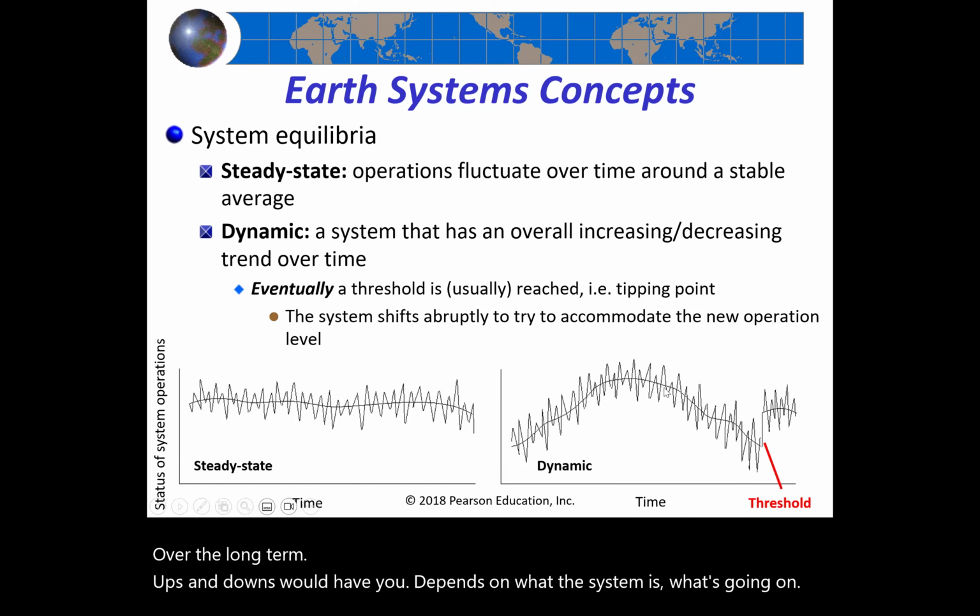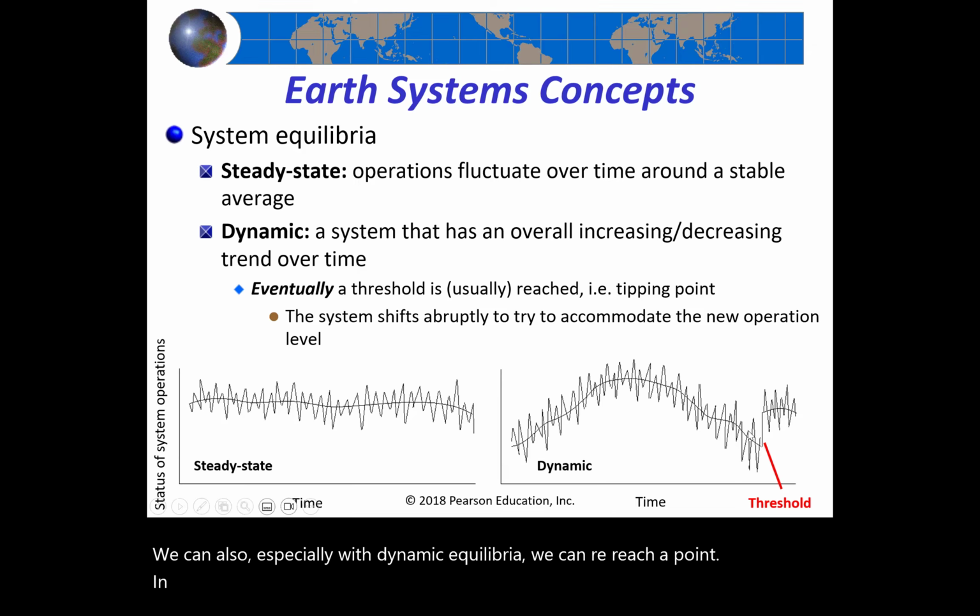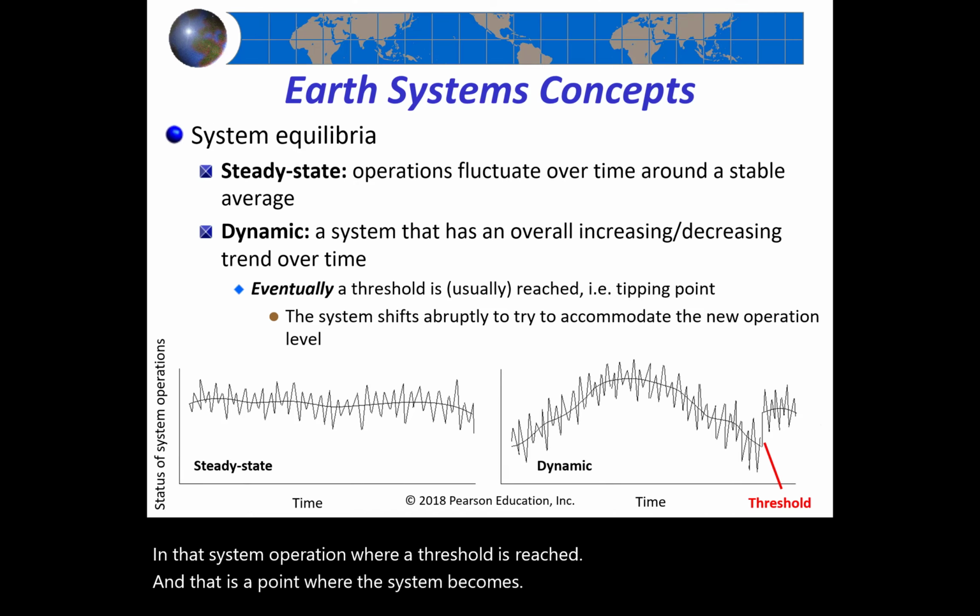We can also, especially with dynamic equilibria, reach a point in that system operation where a threshold is reached, and that is a point where the system becomes very destabilized. It can no longer keep functioning in the way that it has been with the trend that these operations were taking.